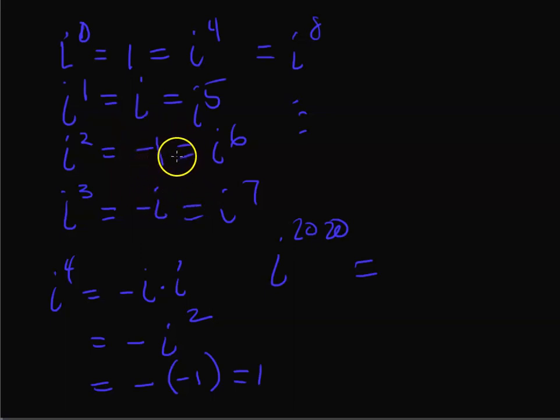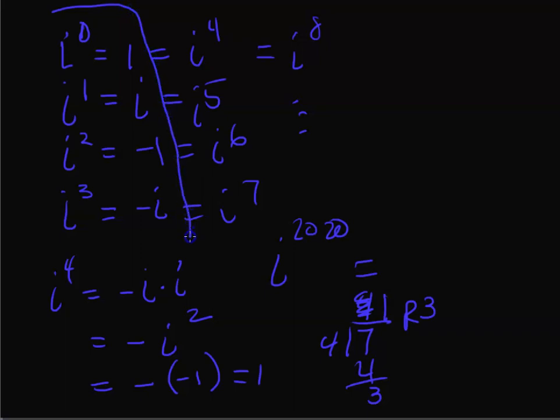And all you really need is the remainder. Because 7 divided by 4 goes 1 time, times 4, with a remainder of 3. i to the 7th is i cubed. So you really only need this part.